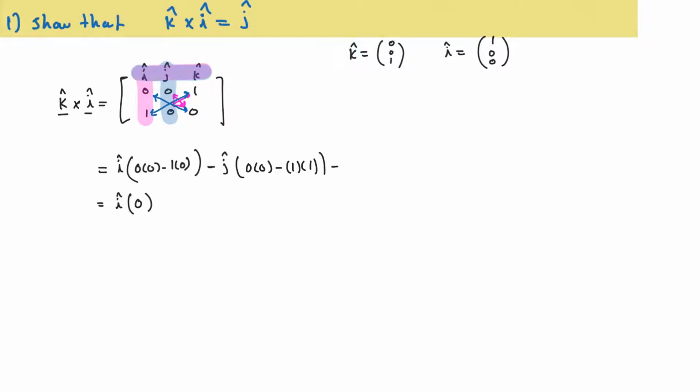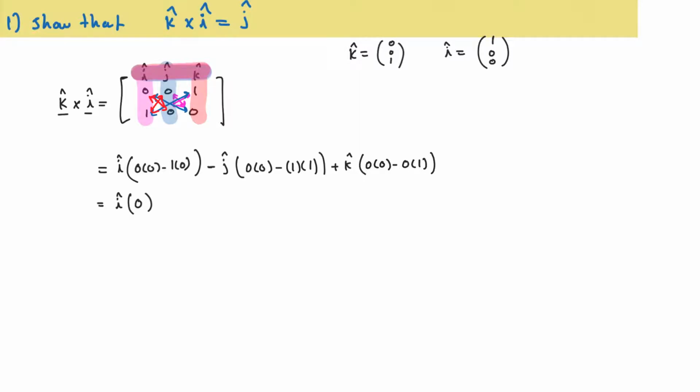And then we're going to have plus k. Now we cross out the top row and the column that has k in it, and we multiply these two by each other minus these two multiplied by each other, which gives 0 times 0 minus 0 times 1.